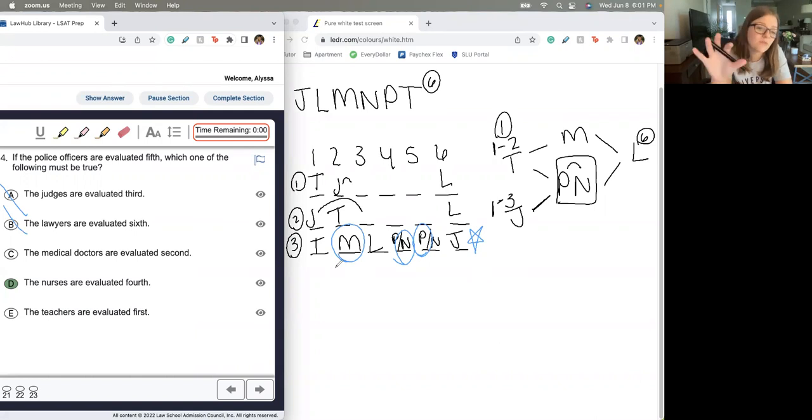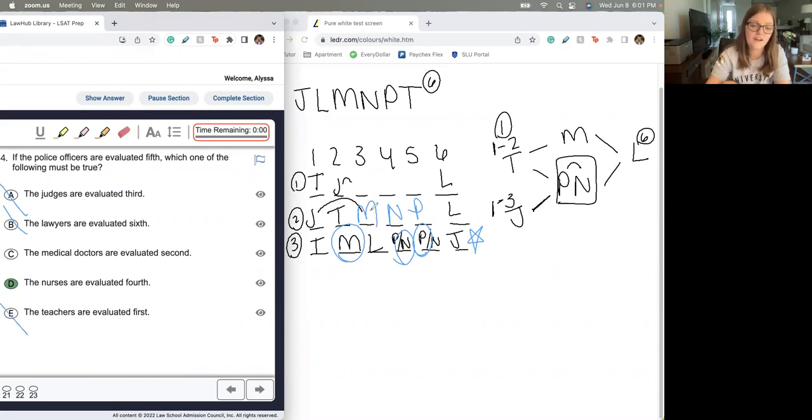And even though we see it in one diagram, it could be that now I have C, D, and E happening in that diagram. So we're gonna have to figure out another combination, which we can figure out using this method or diagramming it out up here. I can shift P and N up here, and I can put M here, and I can see that T does not have to be 1st.